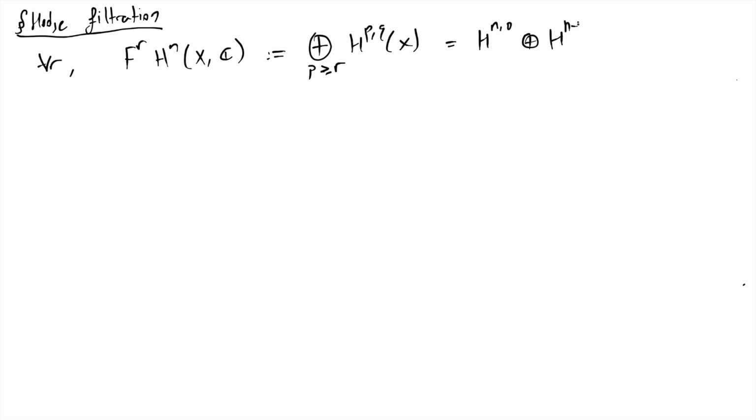And then you have (n-1, 1), and so on. So you'll get to H^(r, n-r). So in particular, F^n gives you just this piece, H^(n,0). F^0 gives you everything, the entire cohomology. So usually we write the filtration like this. So you have F^n H^n as the smallest piece, and I'm not writing the C anymore.